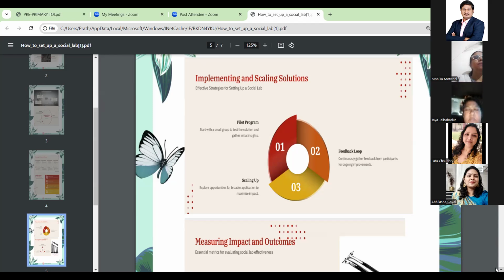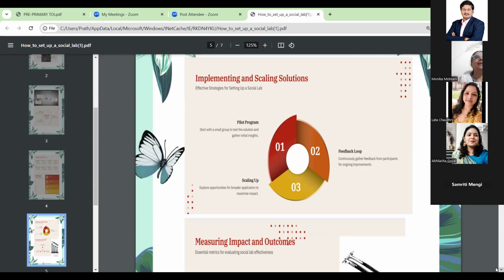The next is implementing and scaling solutions. Start with a small group to test the solutions and gather insights. A pilot program, to explain, is a small-scale preliminary initiative designed to test the feasibility and effectiveness of a new project, product, or service before full-scale implementation.